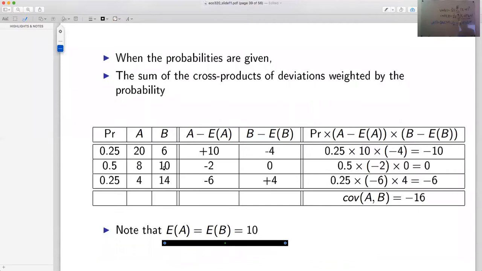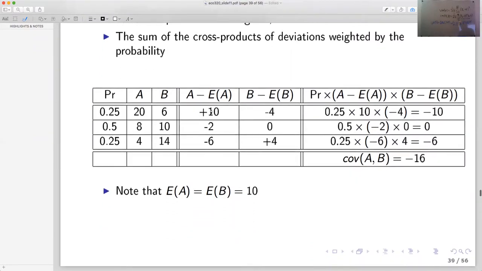And 6 plus 10 plus 14 divided by 3, everything is 10. So A minus expected A, which was the average of A, is 10, because 20 minus 10 is A minus 10. 4 minus 10, 6 minus 10, 10 minus 10, 14 minus 10. Finally, you multiply them and just add them up, right? This was the covariance, right?